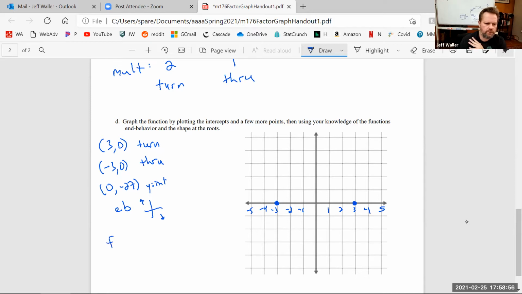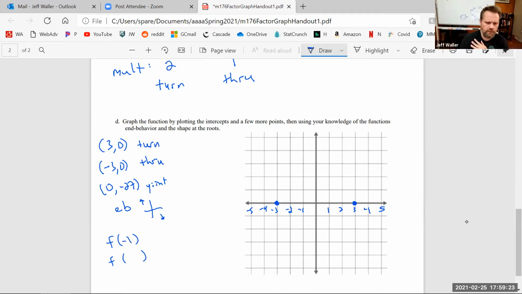What are you guys using? You should use probably two more points. Anybody? What would be good to figure out to use as additional points? -1.